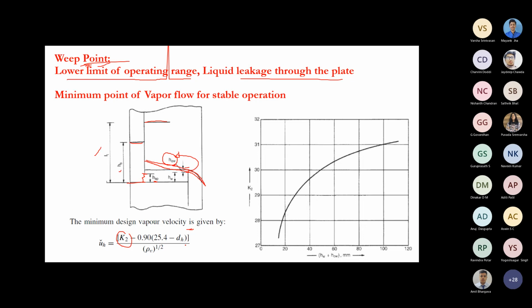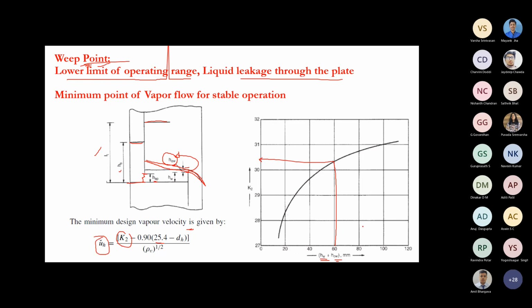The limitation is that DH cannot go beyond 25.4 mm. Here HW we have already selected, but HOW, the liquid crest over the weir plate, we have to find out. If you know the corresponding K value, you can substitute and calculate the minimum vapor velocity.